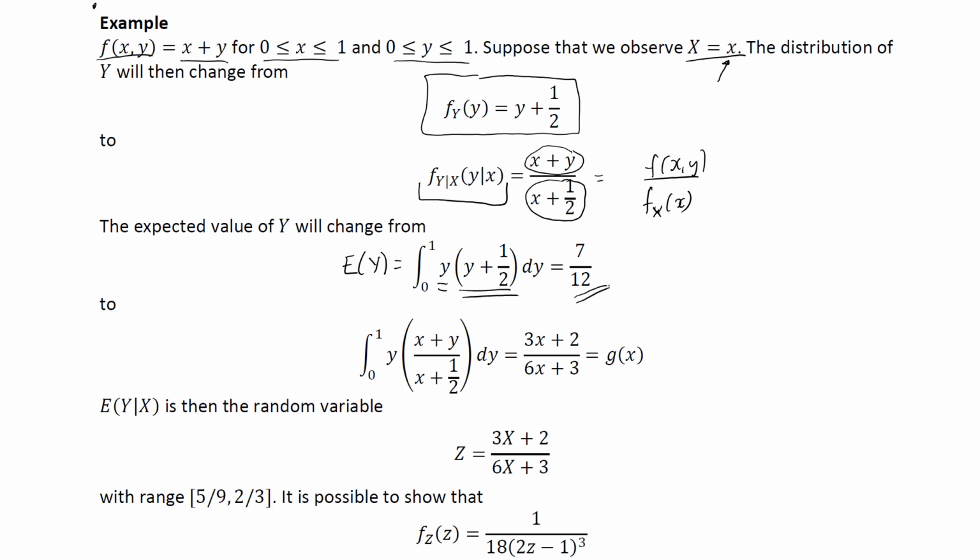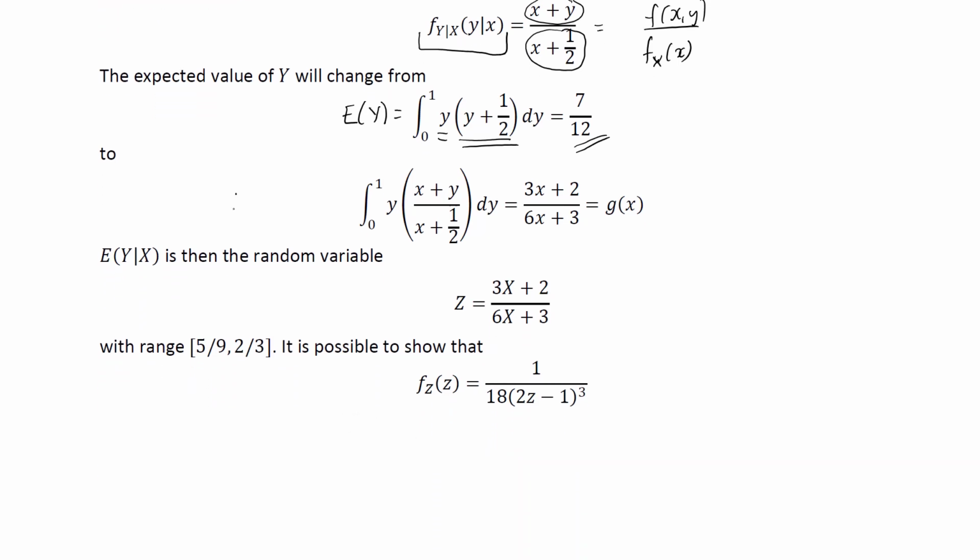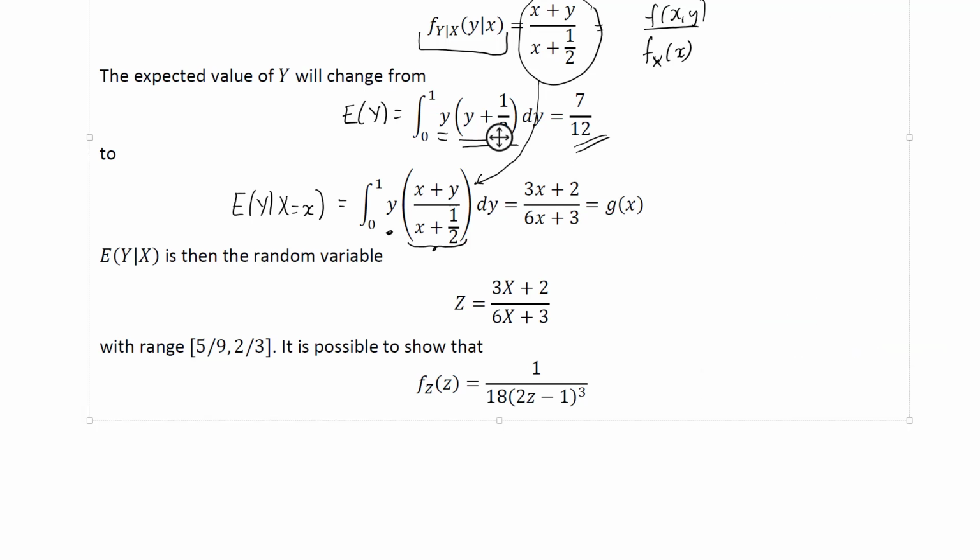If I know that X has taken a specific value lowercase x, the interesting expectation is then the expected value of Y conditionally on this information, which is the integral over y times, and now instead we use the conditional density, the one we found up here, that should go in there. If you perform this integral, the expected value comes out to be this.